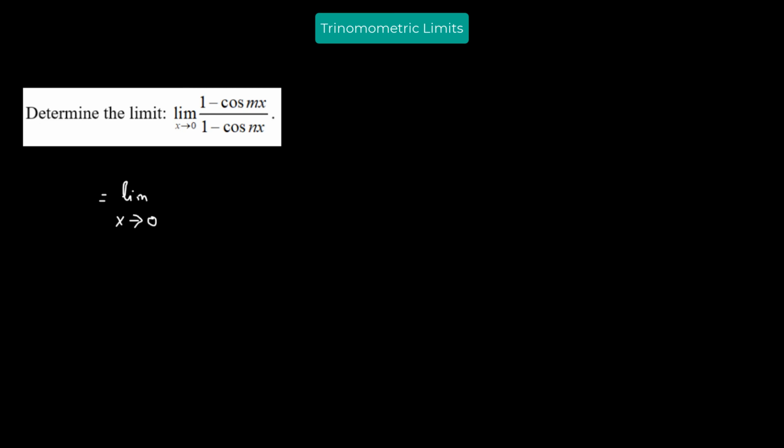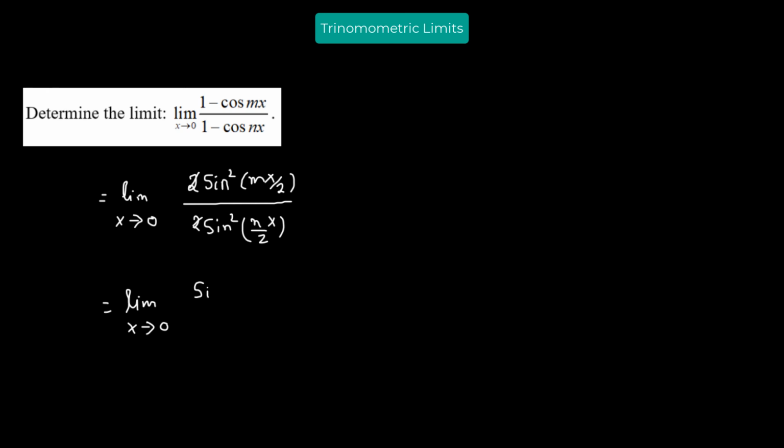So 1 minus cosine of mx will be equivalent to 2 times sine squared mx over 2, divided by 2 times sine squared nx over 2. So the 2 and 2 get cancelled out. So we have sine mx by 2 times sine mx by 2.